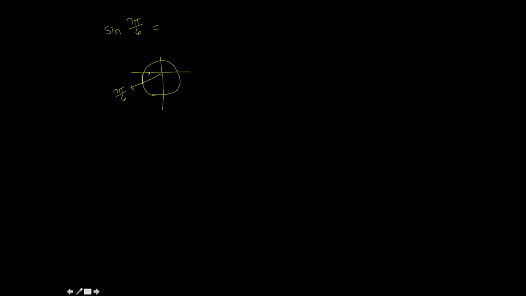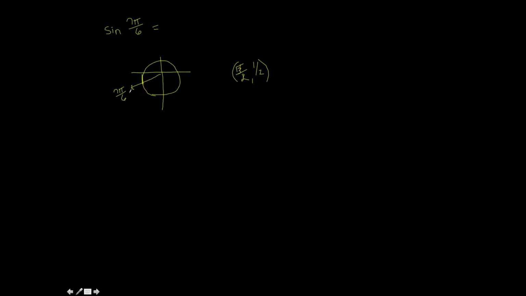Now, remember, it's a pi over 6. So all pi over 6s carry this form in some way or fashion. The only thing that is different is positive or negative.